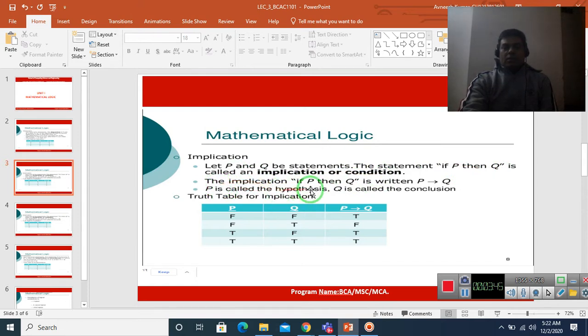The implication if P then Q is written P → Q, and this arrow symbol is used for it. P is called the hypothesis and Q is called the conclusion. Truth table for the implication: if both are false, the result will be true. If both are true, the result will be true. Otherwise, it will depend on Q.